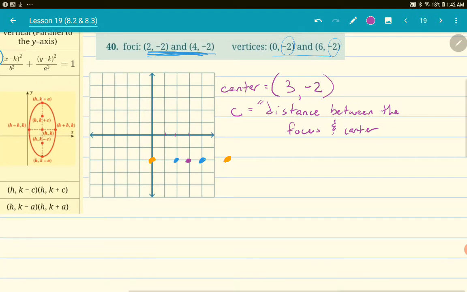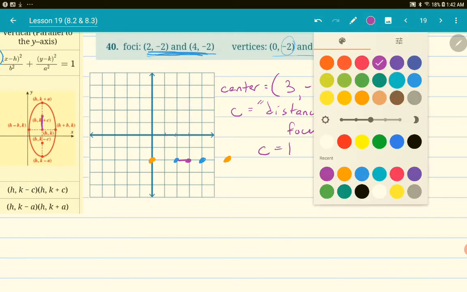Looking at that picture, c is the distance between the foci and the center. In this case, the focus and the center are 1 unit apart, so I know that c equals 1.